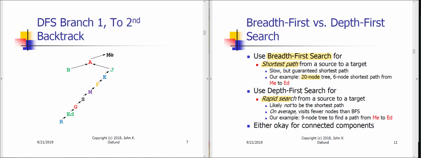Okay, so our path is me, A, J, E, F, M, S, G, Ed. And we have found a solution for getting from me to Ed. Of course, this is one example of DFS doing a faster search than BFS. It's not proof.